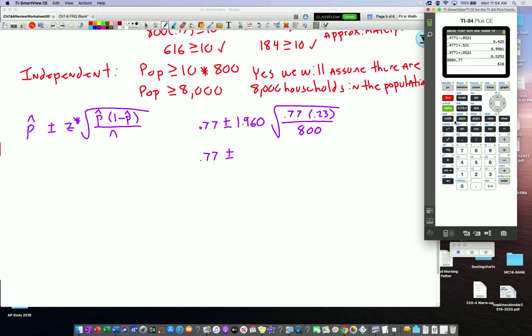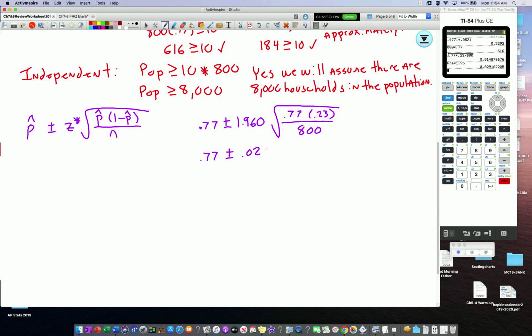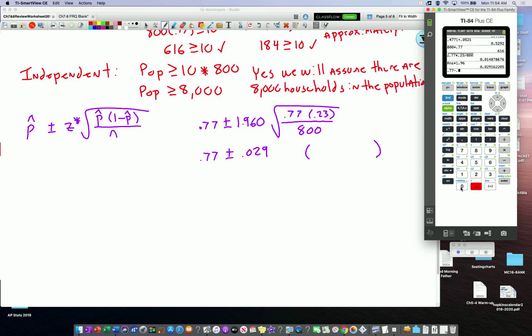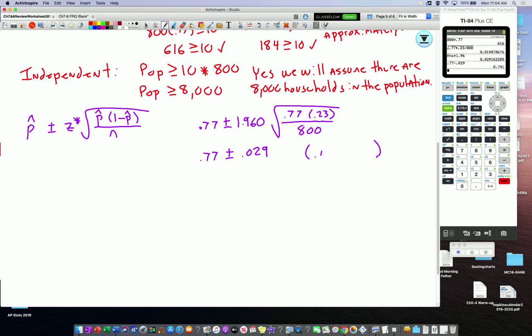I like to always do the square root part first. 0.77 times 0.23 divided by 800, then times that by 1.96. So 0.029. Now if I subtract and add that, 0.77 minus 0.029 is 0.741, and if I add it, 0.799, I believe.